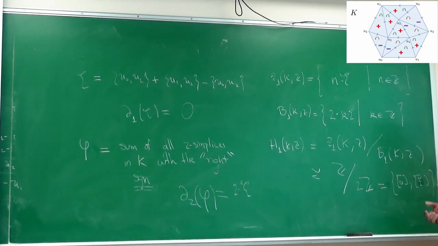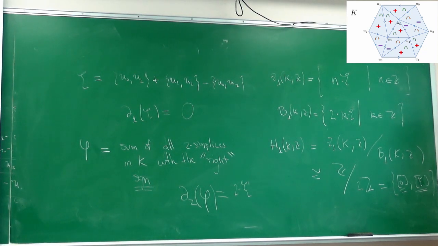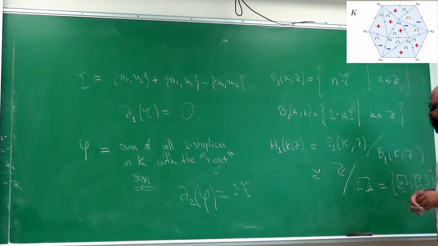And what does that look like? What is the interpretation? It's saying that you have a class, meaning the class of zeta, which is not 0, but when you go twice around it, it becomes 0. Sort of mind-boggling, at least the first time you think about it.